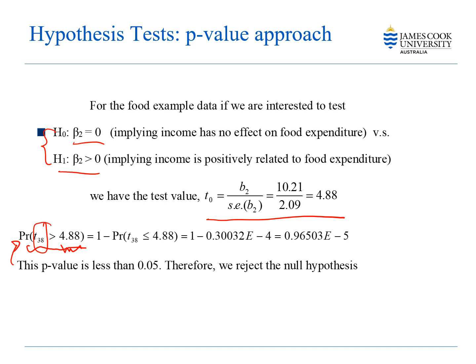We calculate it to be very small, 0.96503 times e to the minus 5. This is a scientific way of writing the number; it's just equal to 0.96503 times 10 raised to the power negative 5. So it's very small, less than 0.05. Then we reject the null hypothesis that beta 2 is equal to 0.